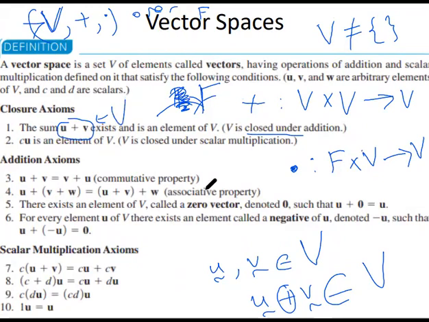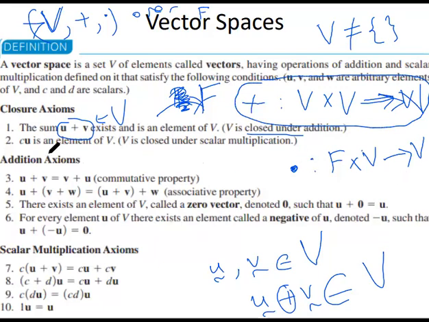So we have given a name for that. This set is closed under addition. That means if you perform addition between two elements of V, you get again V. So this is called closed under addition.